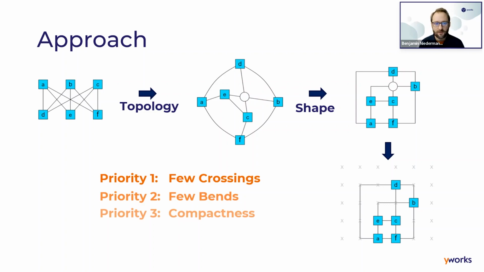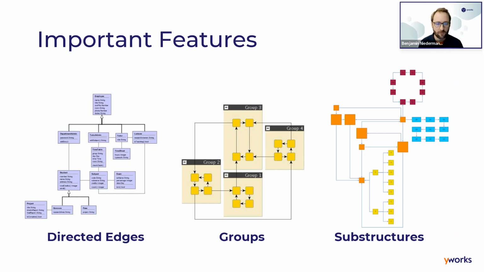This is an approach that has been known in science for a long time, but only for graphs without many features, and we invested a lot of effort into this layout algorithm to also support further features that are typically important for practical use. So, for example, here are 3 typical features that are supported by the yFiles algorithm.